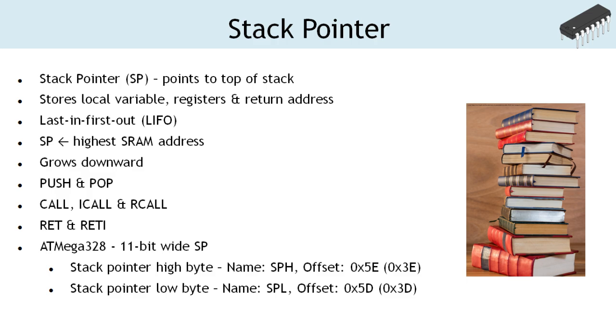The instructions call, icall, and rcall are used to push the return address on the stack and decrement the stack pointer by 2. RET and RETI instructions are used to pop the return address from the stack and increment the stack pointer by 2. Why is the stack pointer decremented by 2 in the call instruction and by 1 in the case of the push instruction?